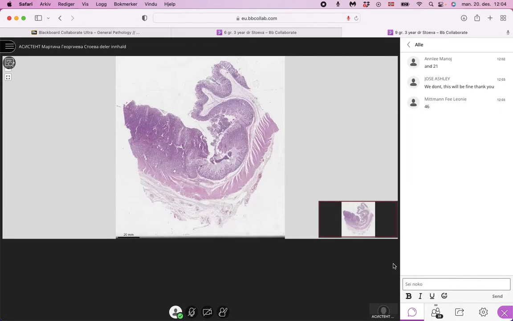The tumor is on the left side of the slide, and the right side will help us recognize the organ.